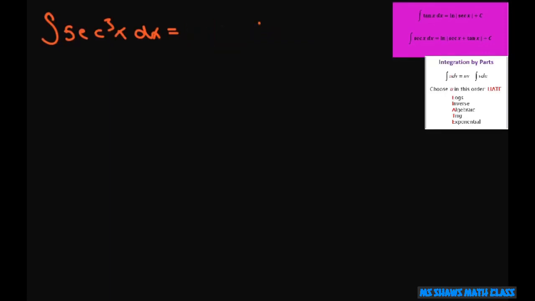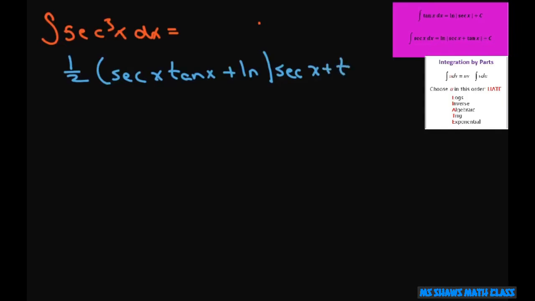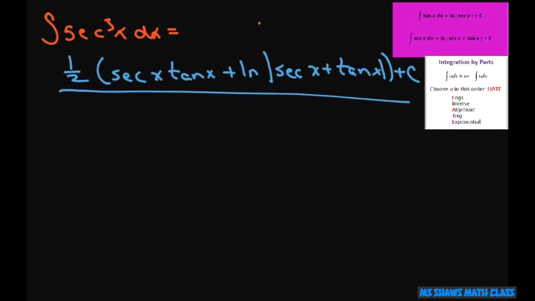So it's going to be 1/2 secant x tan x plus ln of absolute value of secant x plus tan x plus c. So that part was for this first part we had. All right, and that's using our special formulas.